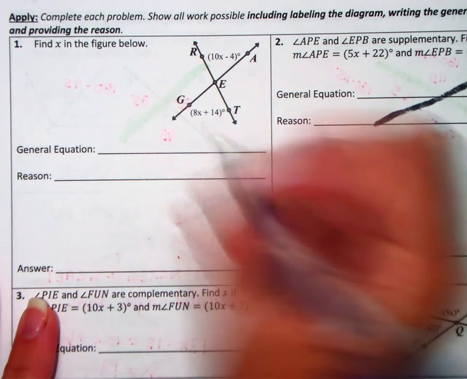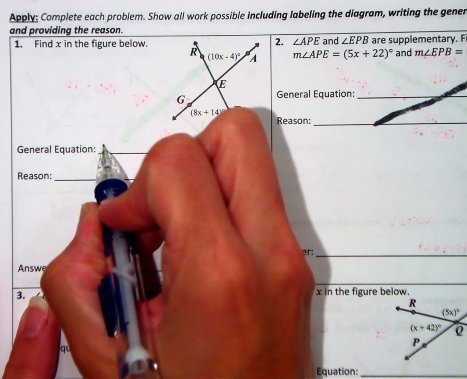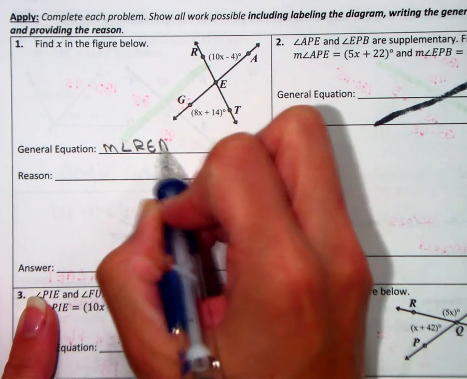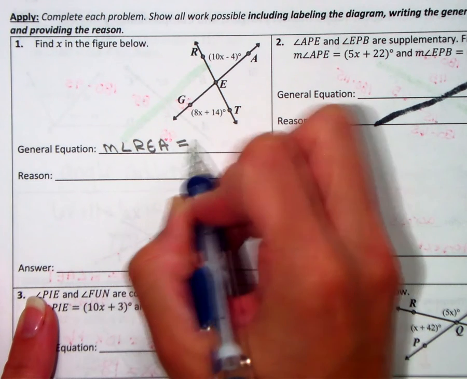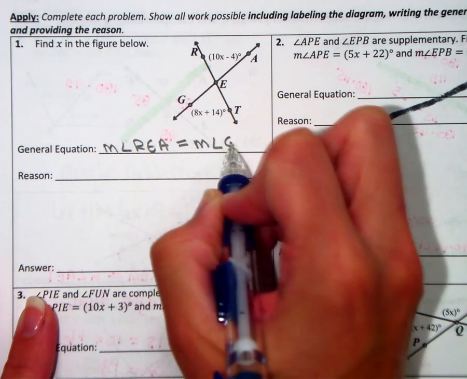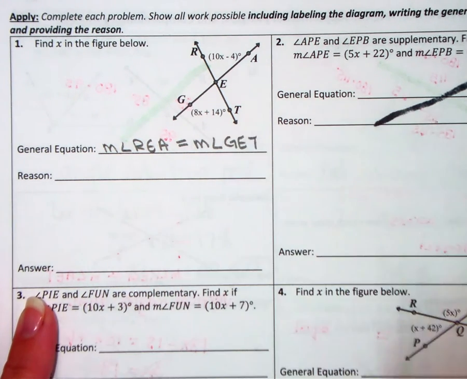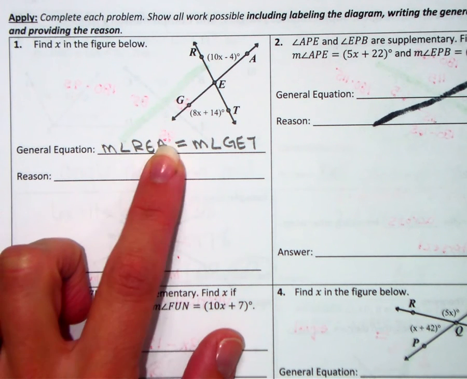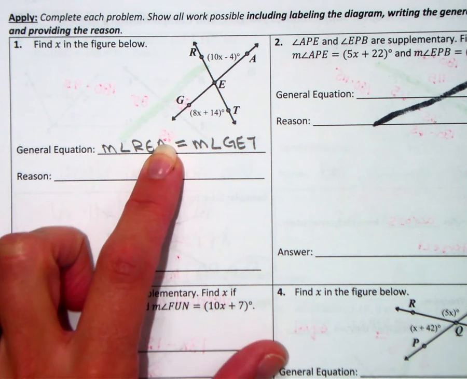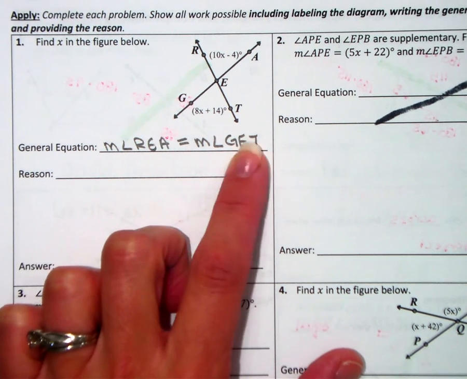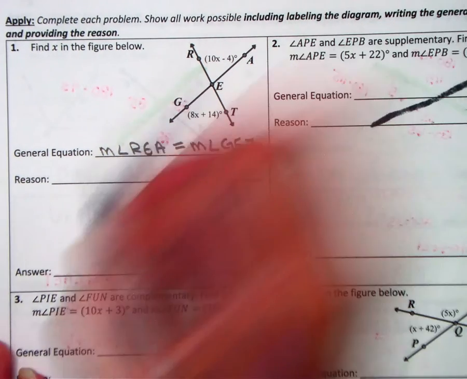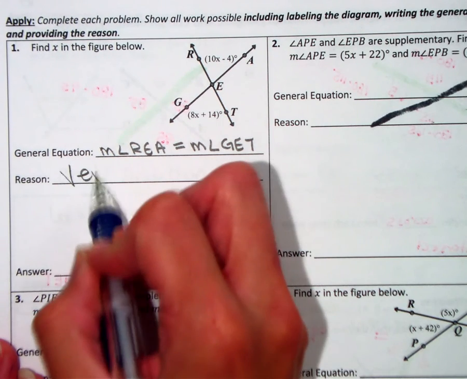Okay, so the general equation for this one should be measure of angle REA equals measure of angle GET. Now, what if you don't have that exactly? If you had AER, totally fine. If you had TEG, totally fine. Okay? These angles are vertical angles.